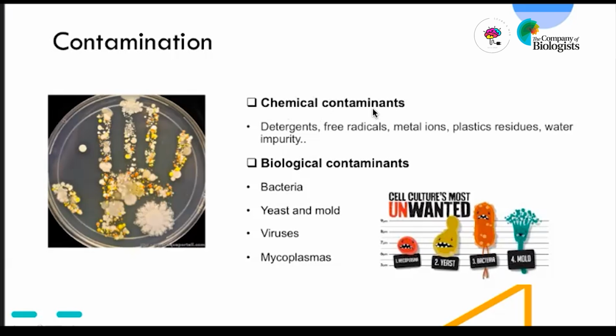Chemical contaminants come from materials around the cells, like detergents, free radicals, metal ions, plastic residues, water impurity, etc. Biological contaminants include bacteria, yeast and mold, virus, and mycoplasmas.